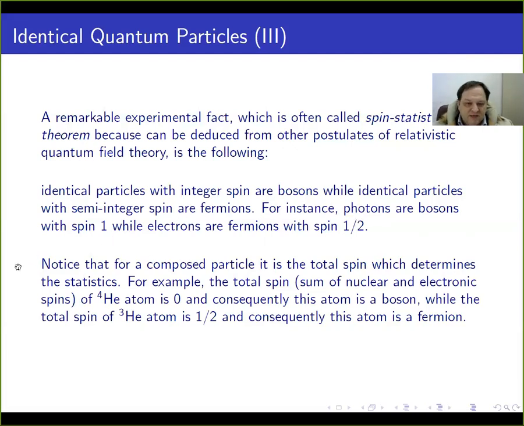This is exactly what is written here. Notice that for a composite particle, it is this total spin which determines the statistics. For example, the total spin, the sum of nuclear and electronic spin, of the helium-4 atom is 0, and consequently this atom is a boson, while the total spin of the helium-3 atom is 1/2, and consequently this atom is a fermion.